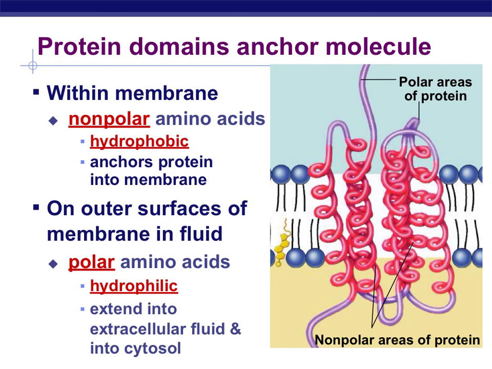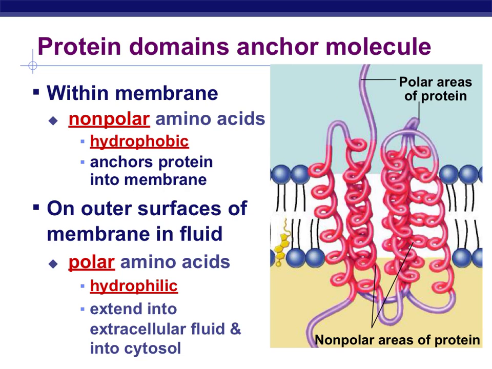It's the arrangement of these amino acids in a membrane protein that determines whether the membrane protein will insert into the nonpolar lipid bilayer and how it will be positioned. So within the membrane, you've got nonpolar amino acids that would be hydrophobic. This would anchor the protein into the membrane.